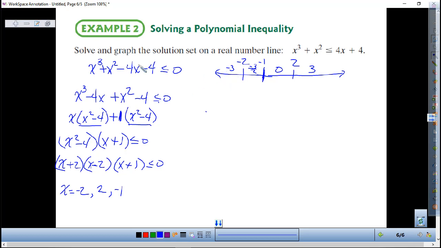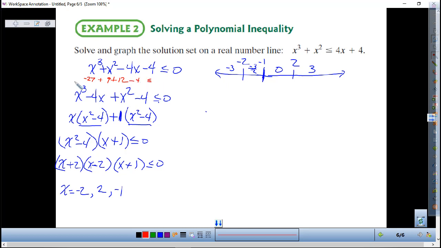So if I put in negative 3 here, I'm going to get negative 3 to the third power, which is negative 27, plus negative 3 squared, which is 9, minus 4 times negative 3, which is plus 12, and then minus 4.